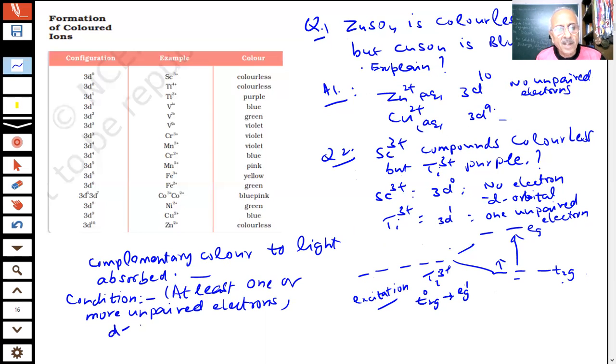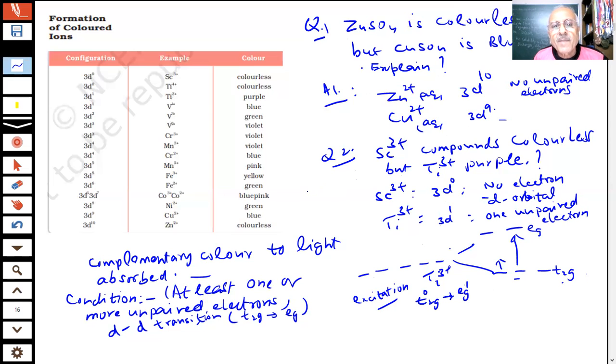Answer to be written: d-d transition, which means t2g to eg, because the d orbitals have already split up. Wherever such things are possible, and we have generalized after doing so many questions, that if an unpaired electron is there, then such a process will be possible. Otherwise, it is not going to happen, students.